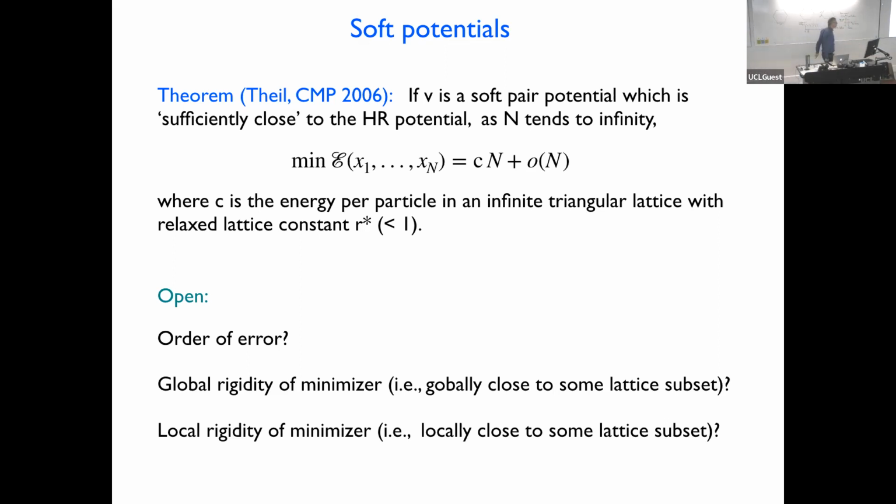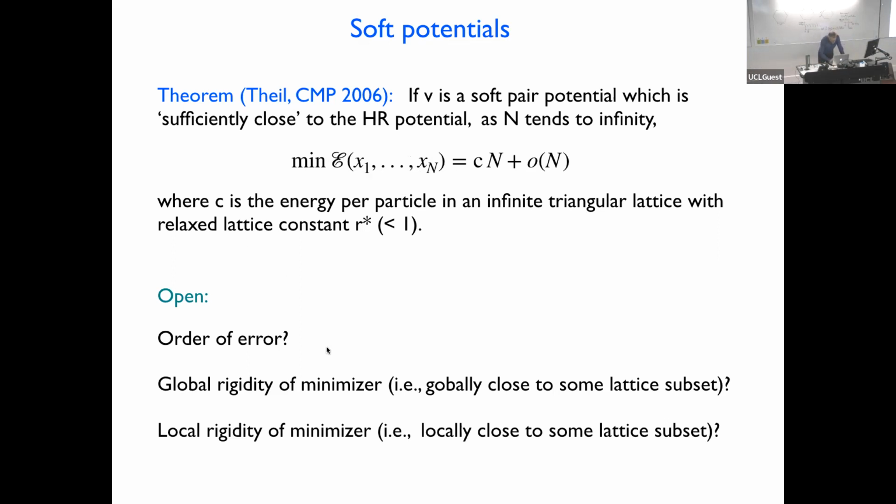Is there any kind of global rigidity of the minimizer? By that I mean a statement in the sense that the distance to the nearest set of n particles sitting on the triangular lattice with the correct lattice constant should also be little o of n.